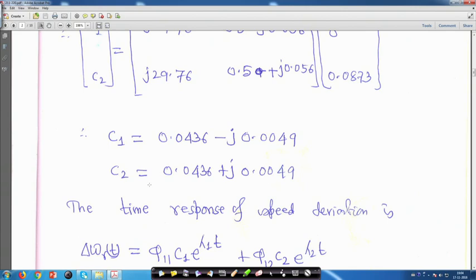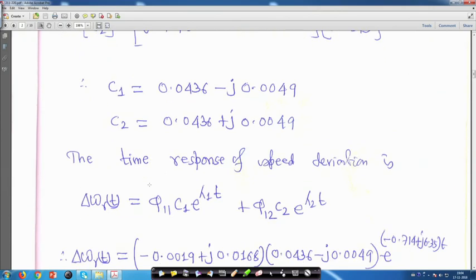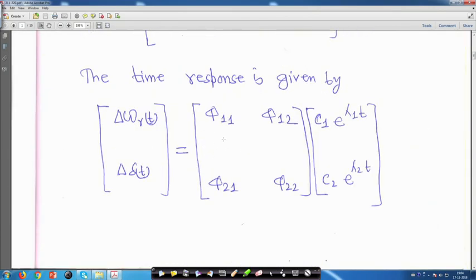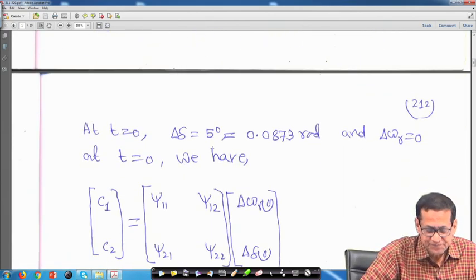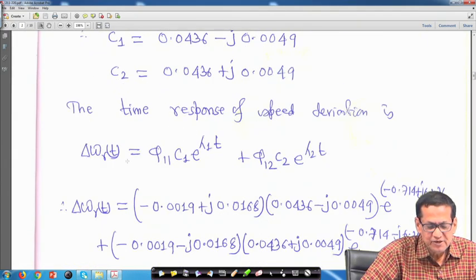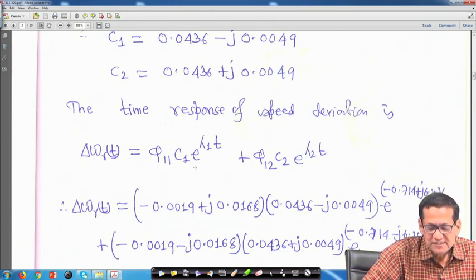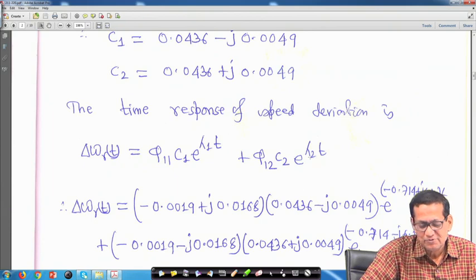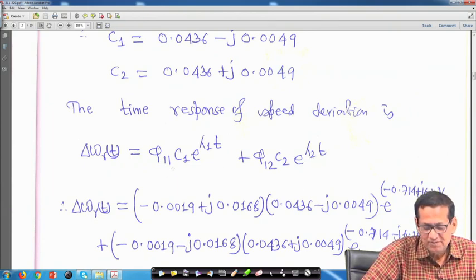Therefore, the time response of speed deviation is given by this equation: delta omega r t is phi 1 1 C 1 e to the power lambda 1 t plus phi 1 2 C 2 e to the power lambda 2 t. You substitute the values of phi 1 1, C 1 and lambda 1, right.